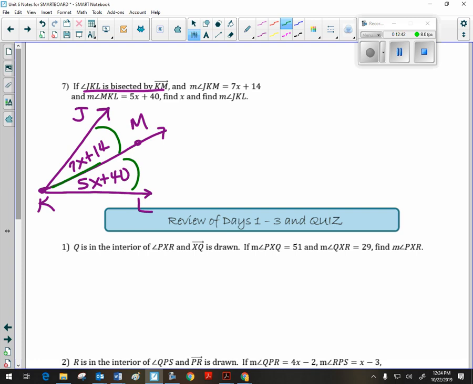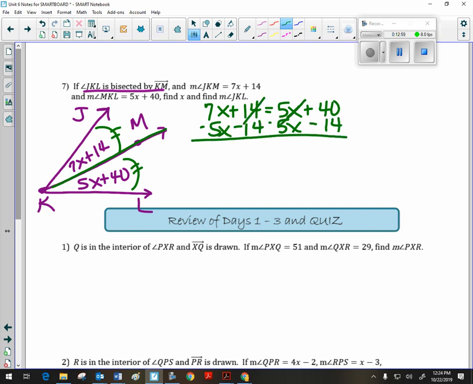And if this is truly an angle bisector, then I know that those two parts are equal. So my equation is going to be to set the two smaller angles equal to each other. I'm going to minus the 5x and minus the 14 to get that 2x is equal to 26, and therefore x is 13.